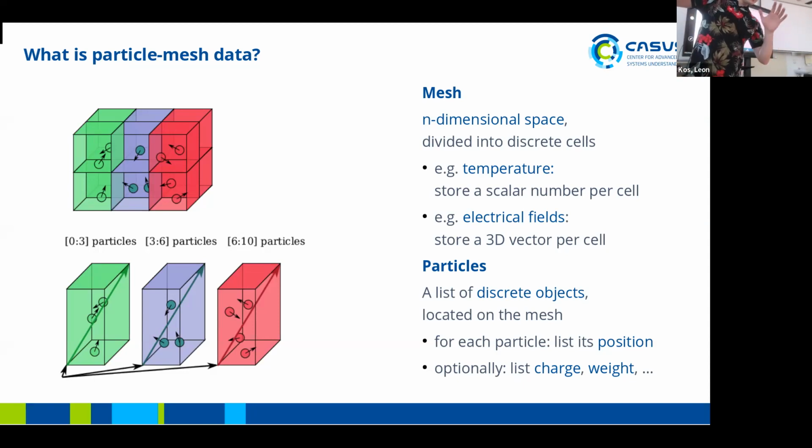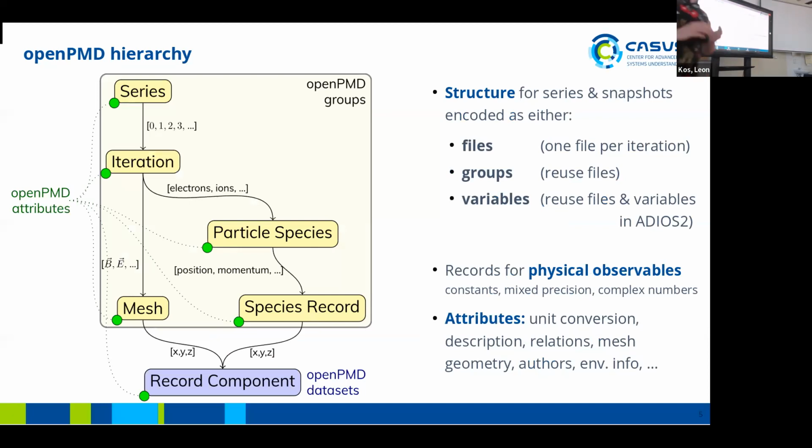Now, taking this rough idea of what particle mesh data even is and transferring it into a data standard, this is the hierarchy that openPMD uses. openPMD is not implemented in one specific file format, but the standard talks in terms of hierarchically organized groups, in terms of n-dimensional arrays that contain your actual data, and in terms of lightweight attributes which define your physics in such a way that someone else who comes across your data set somewhere in the forest doesn't need to go to you and ask, hey, what's this actually?